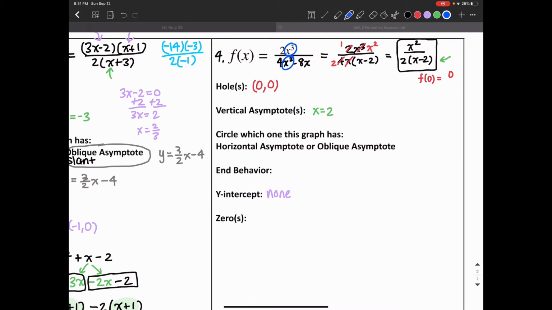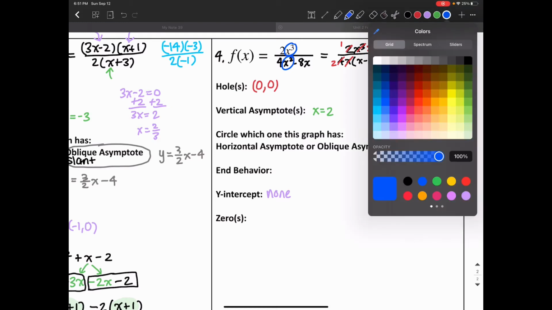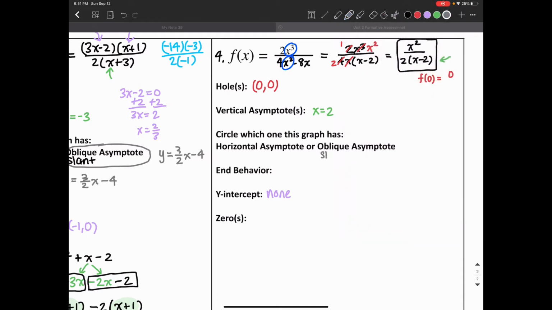So I know it's top heavy, and the numerator power is 1 higher than the denominator power. So I'm going to have an oblique or slant asymptote. I want to find what line is going to be that slant asymptote, and that's also going to tell me my end behavior.